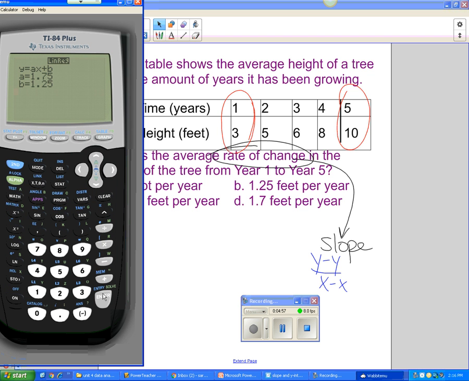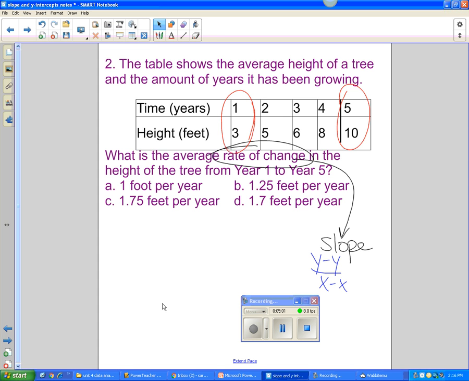So which one's slope, A or B? A, so 1.75 is the answer. If you put all the numbers in, what did it give you? 1.7. So that's the difference that you got to pay attention to today. Year 1 and year 5.